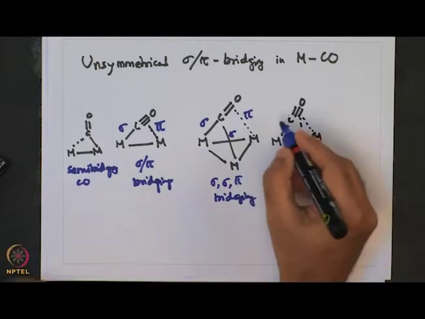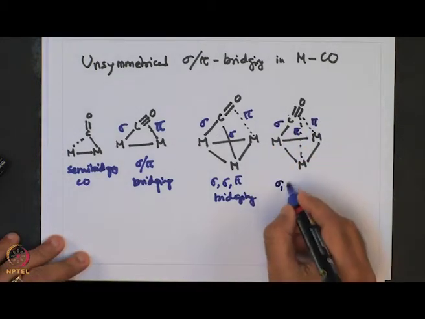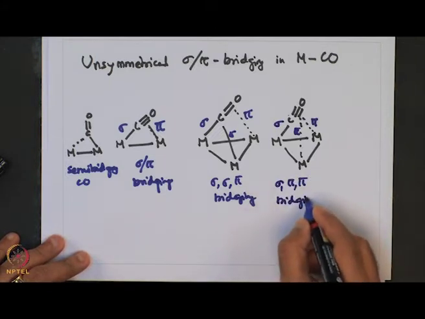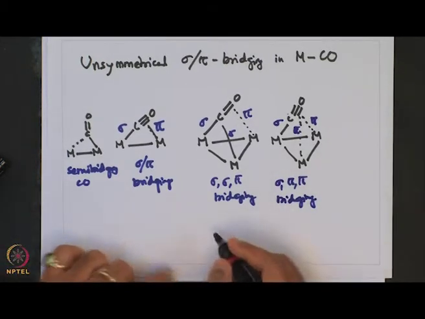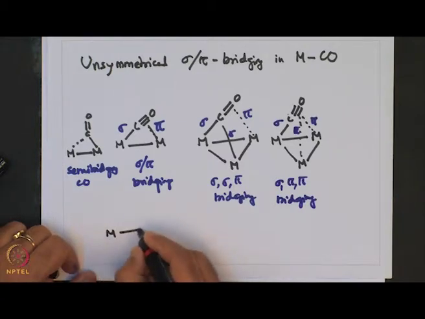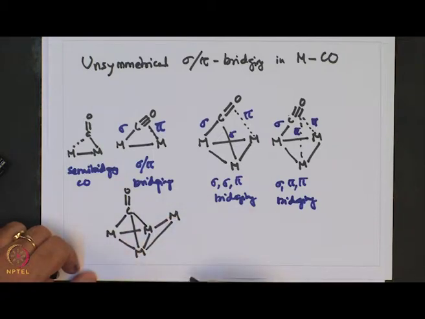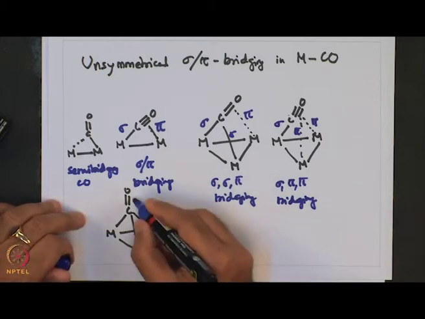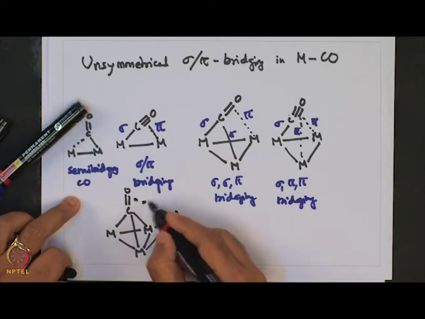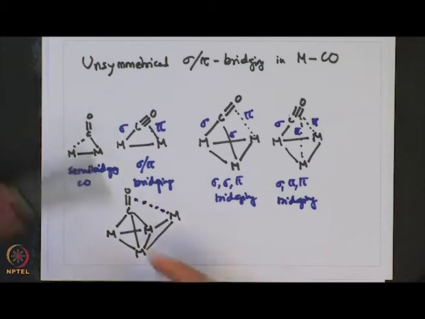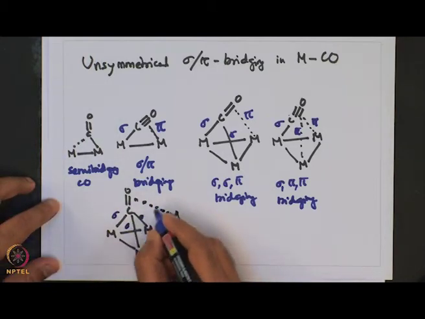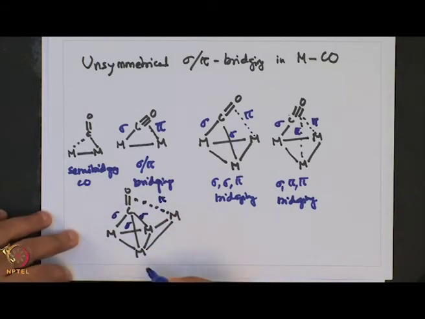In this case, this is sigma pi pi bridging, and another very interesting example involved sigma sigma sigma pi type bridging.